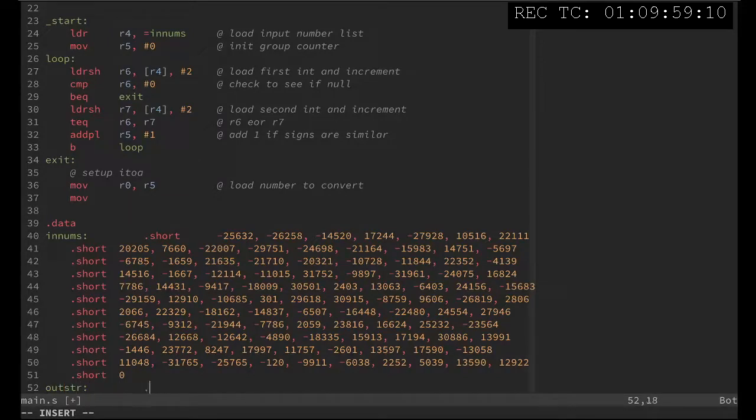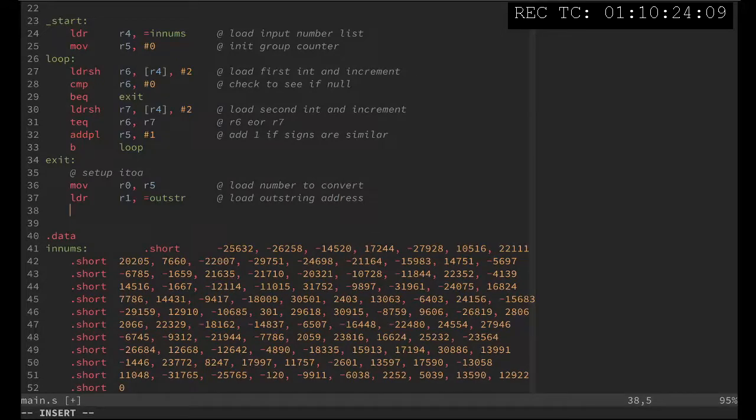We need 10 bytes for the numbers, and the line ending is 11, so 11 bytes. And this is actually going to be a load register, R1 outstring. And then we can invoke it using a branch and link like that.